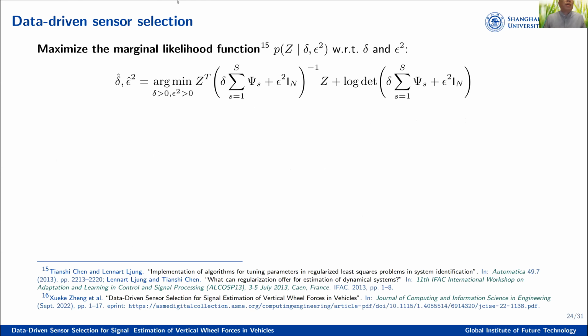So in this case, we can directly apply the likelihood function. We call it the marginal likelihood function, and we can try to maximize this function with respect to theta and epsilon. So the optimization can be done with respect to those two variables.